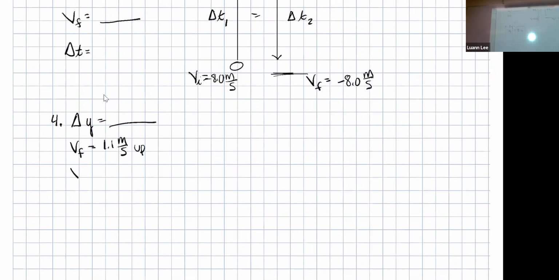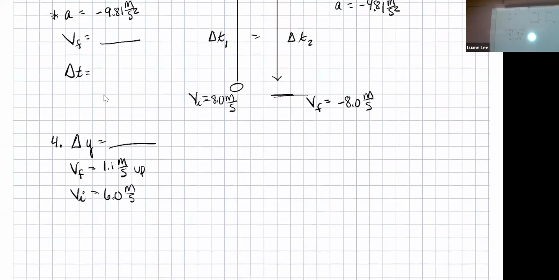Our initial velocity here, from the first problem, was 6.0. And our acceleration is what? Okay. And so to find the final velocity, is that what we need? No, we need delta y. So I use this one.